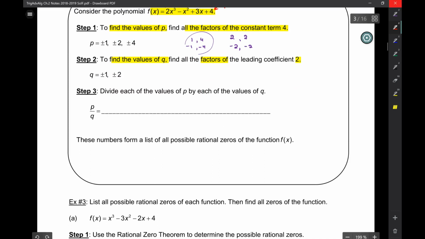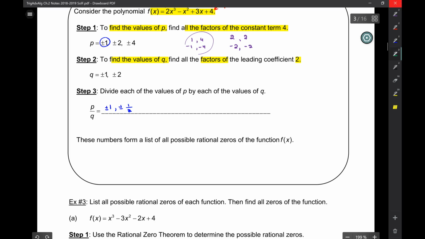So here's how you do that. First, you take this one and divide by 1. Okay, so it's going to be plus or minus 1 over 1. Then you take this and divide by 2. So it'll be plus or minus 1 over 2.